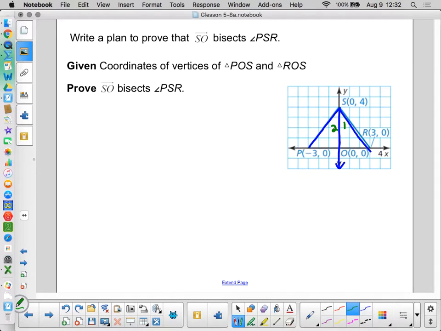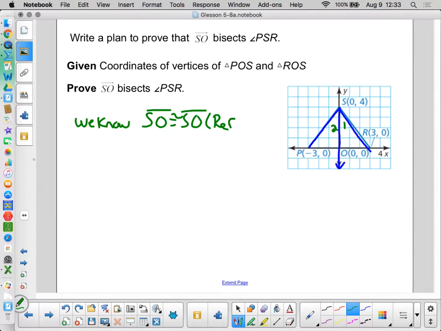So let's write a plan for that. How are we going to do that? Well, I'd have to do what? How is the only way I can prove the triangles are congruent in this case? Well, side, side, side would work pretty well. So my plan might be, we know that SO is congruent to itself.